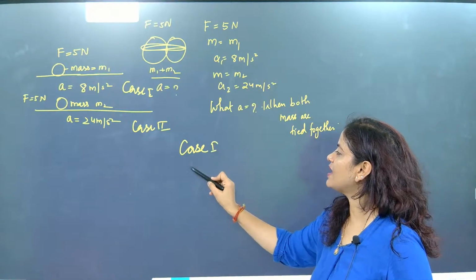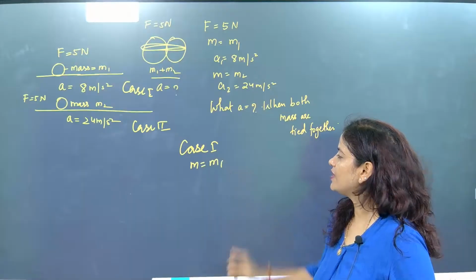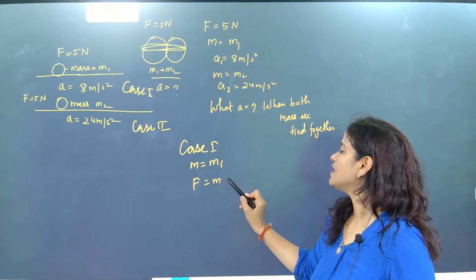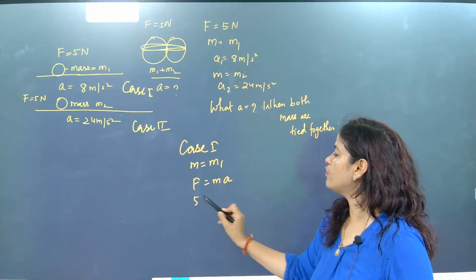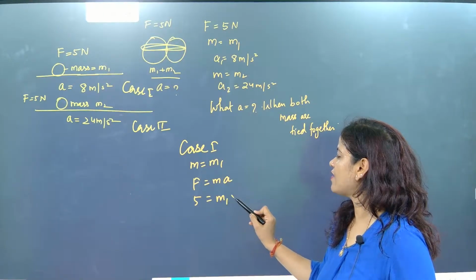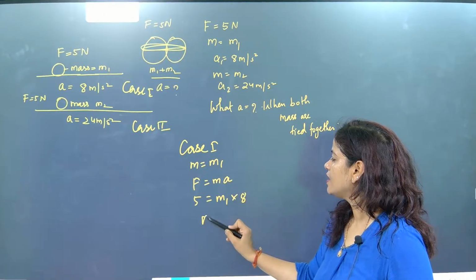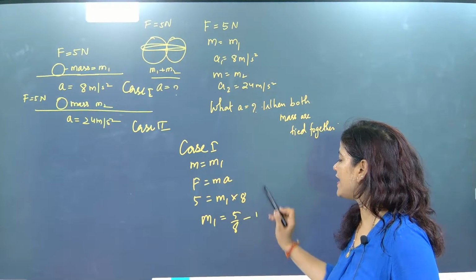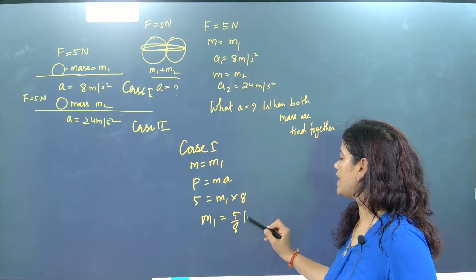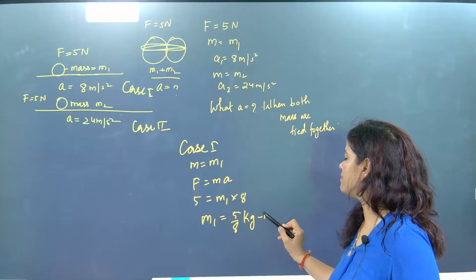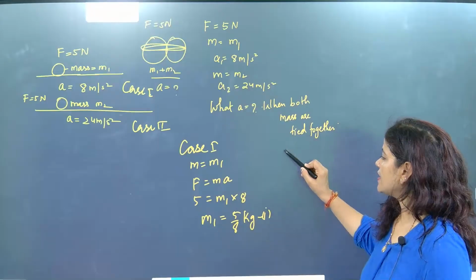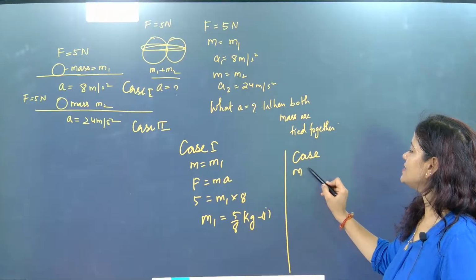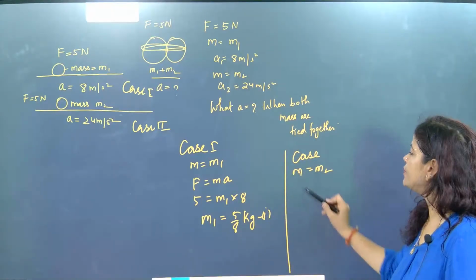Case 1, when mass is taken as m1. Understood? So force is equal to mass into acceleration. Here force is 5, mass is m1, acceleration is 8. So mass is equal to 5 by 8 kg. Don't forget to write kg. This will become equation 1. Case 2: mass is m2, acceleration is a2.